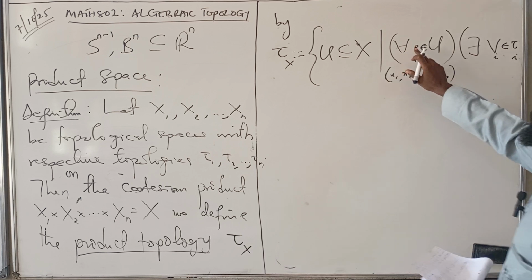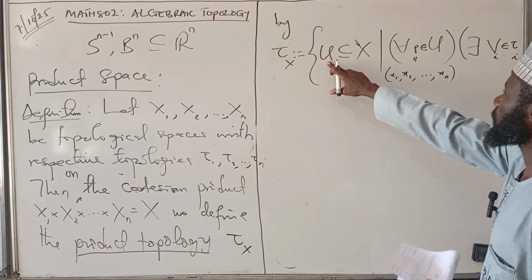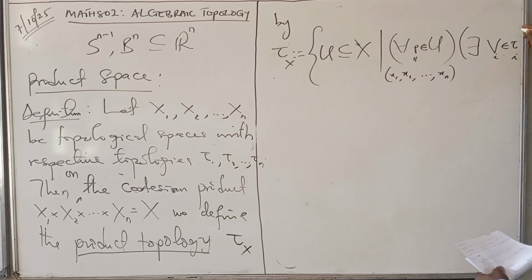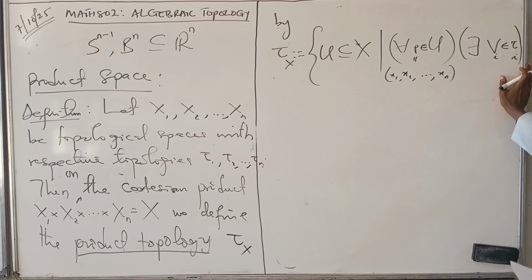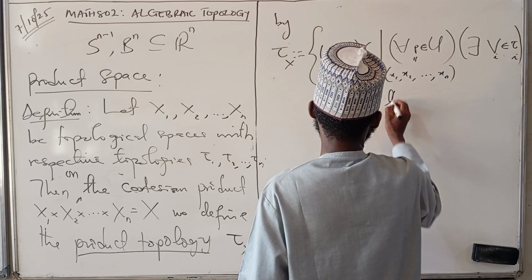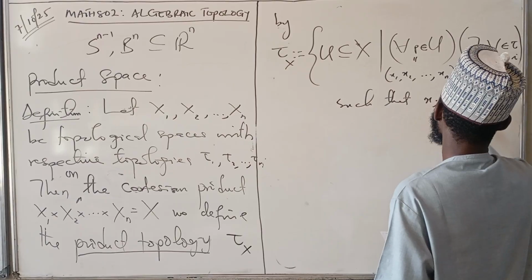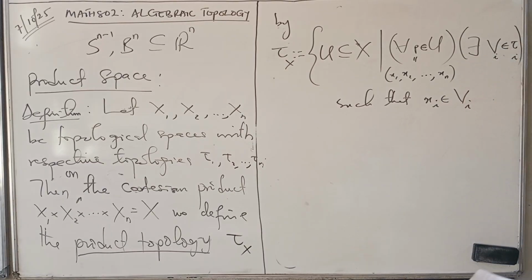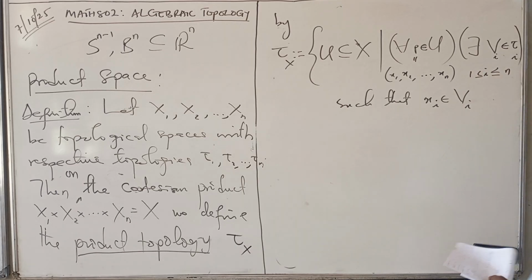So for every point from this subset, there exists an open set Vi, okay, such that xi is an element in Vi for each i. So i here is running from 1 to n, okay?